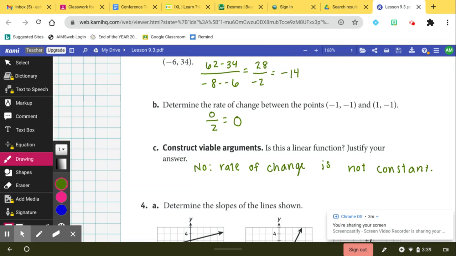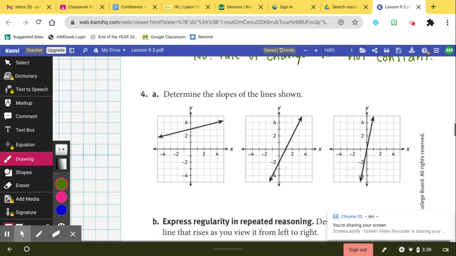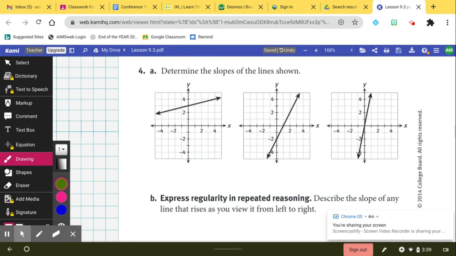So we can know that a function is a linear function in a table if the rate of change is constant, or in a graph if it is a straight line. The rest of the lesson just has us determining the slopes of different lines. So I'm going to pause this here and do the answers, and I want you to pause it as well.